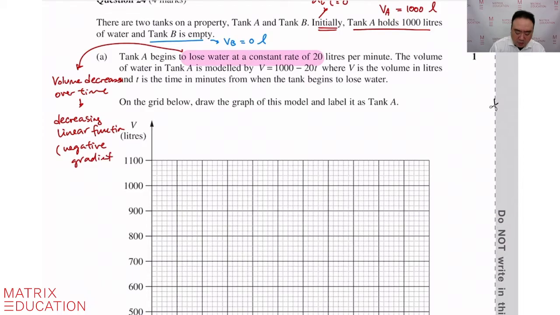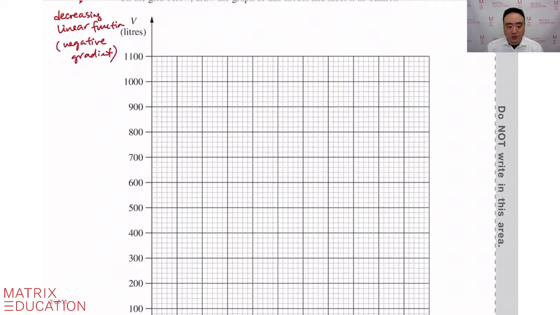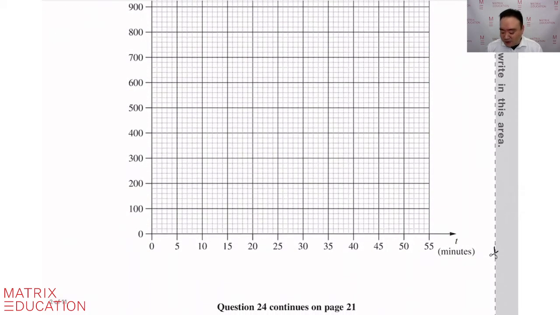Now, what does that 20 tell you? It said constant rate of 20 liters per minute. When you read this carefully, per minute, in 1 minute, how much volume has changed? So if you look at the graph that's given to you, we have V that represents the y-axis in this case, and then we have T, which represents the x-axis.